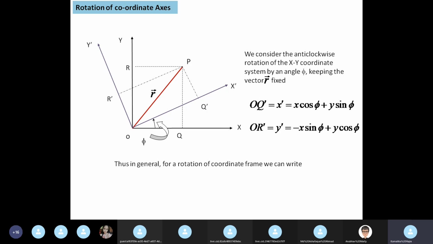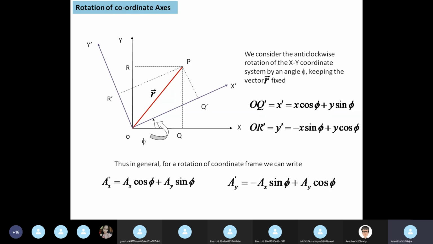So in general, when the coordinate frame is rotated by an angle phi, the new components are given by ax prime equals ax cos phi plus ay sin phi, and ay prime is minus ax sin phi plus ay cos phi. So the vector does not change under such a rotation. Only the components change. And using these new components, you can carry on with the vector in any form that you want.